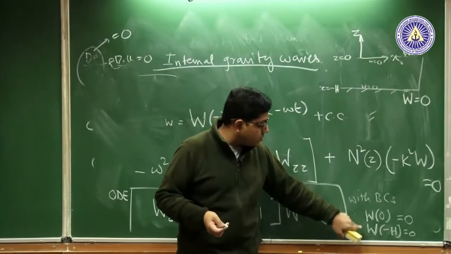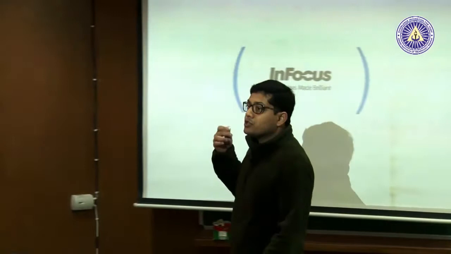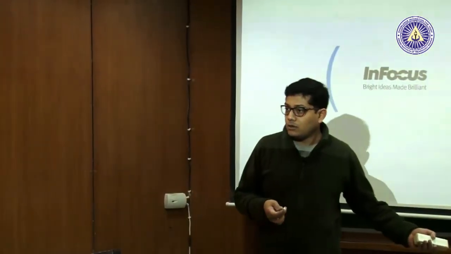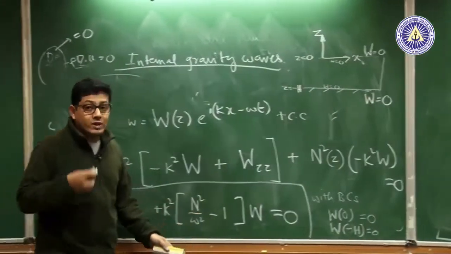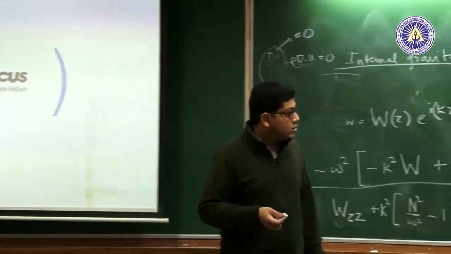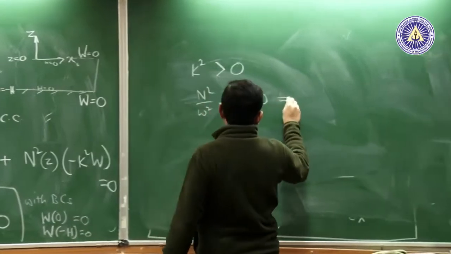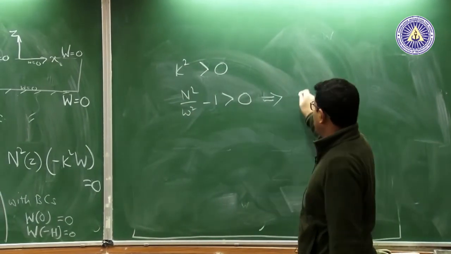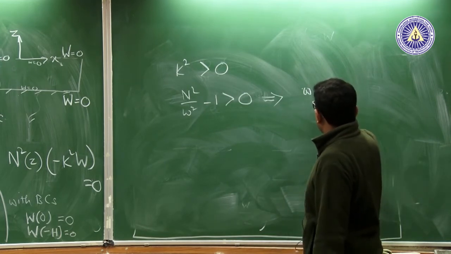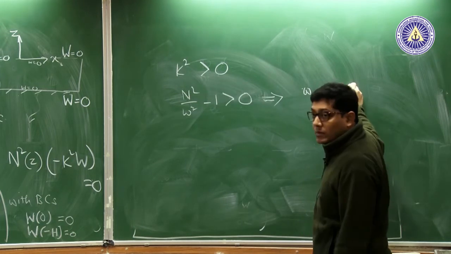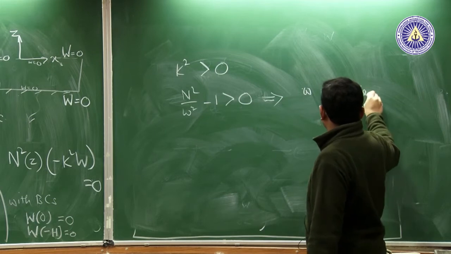But the fact that w equals 0 at the boundaries is going to make the solution 0 everywhere, so it is not even a solution. So the only possible solution is when n square by omega square minus 1 is a positive quantity, right. That is very important, because what does it mean? See, omega equals n times a number which is less than 1, right, has to be a number less than 1.